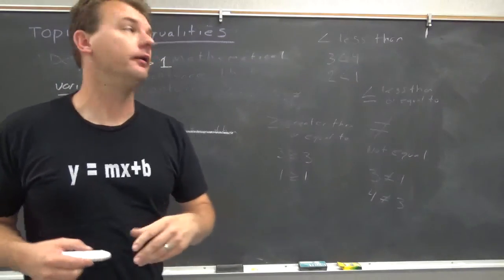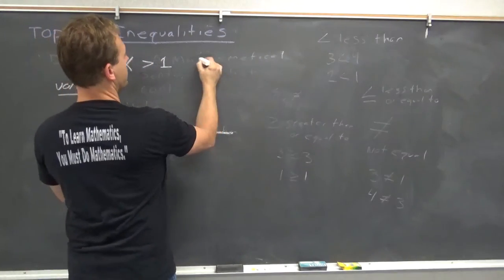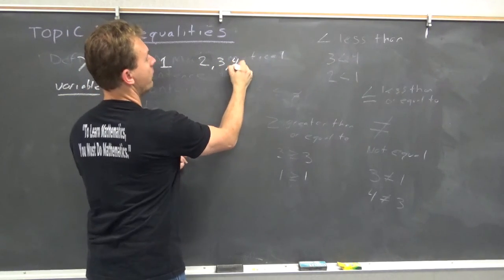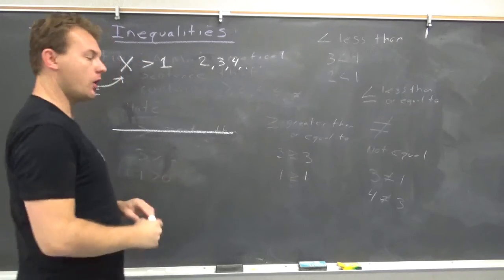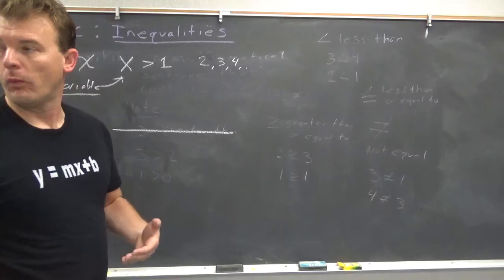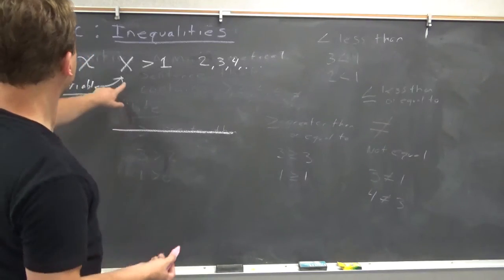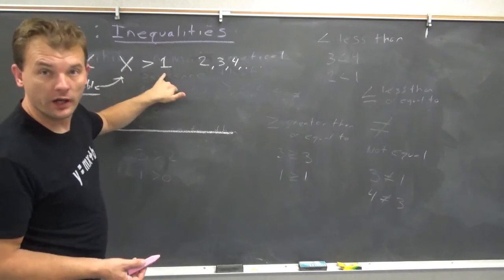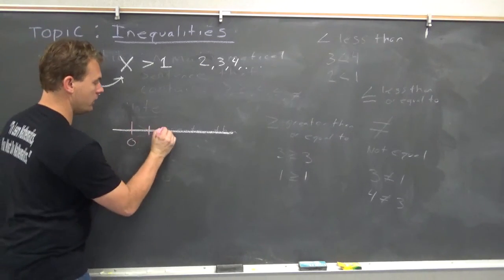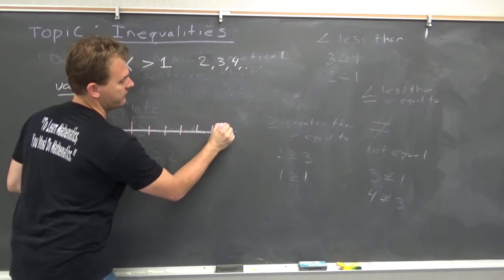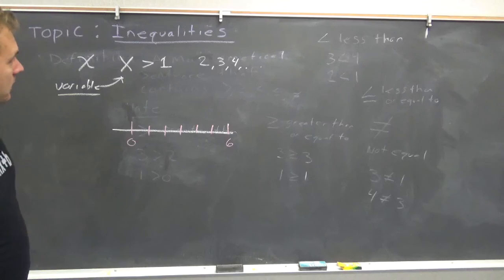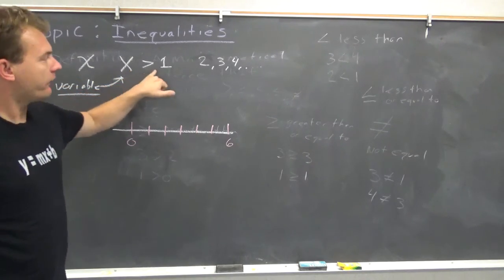Well, you got 2, 3, 4, and you can just keep going. So on a number line, you're going to start with 1. Well, you can start with 0 if you want. And 1, 2, 3, 4, 5, 6. And you can go all the way to 6. But this is greater than 1.